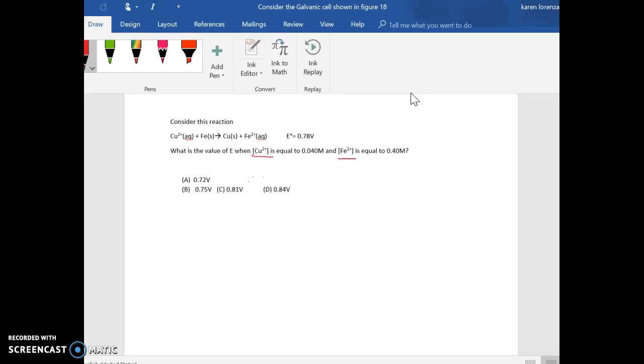It basically tells us that we're going to be using the Nernst equation, which is E non-standard is equal to E standard minus 0.0592 over n times the log of Q.